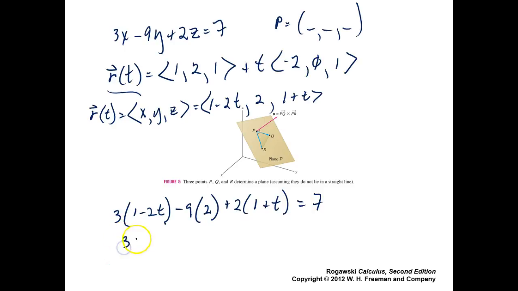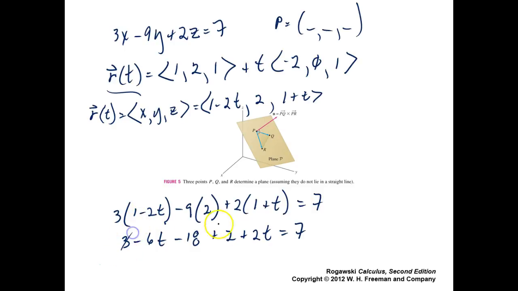It would be 3 minus, y'all can do the math, can't you? 6t minus 18 plus 2 plus 2t is equal to 7. Let's combine like terms.